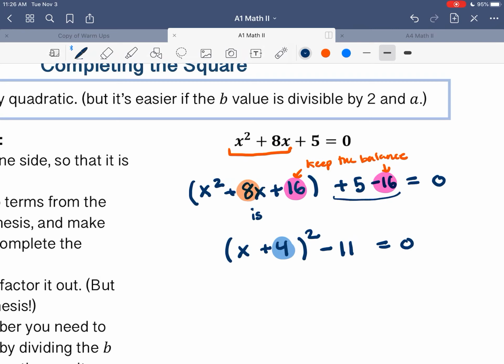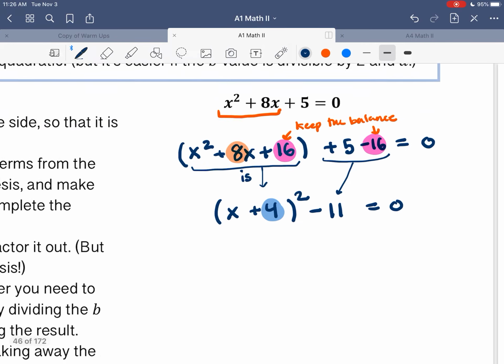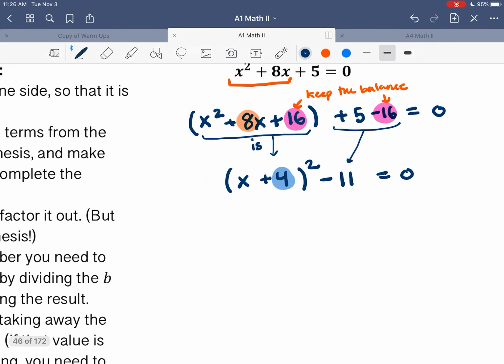So this turned into negative 11, and this turned into x plus 4 squared. And believe it or not, that's actually it. We have our quadratic in vertex form here. There's no a value, but this is vertex form. We've gotten there. So I'm just going to write here that we've got it to vertex form.